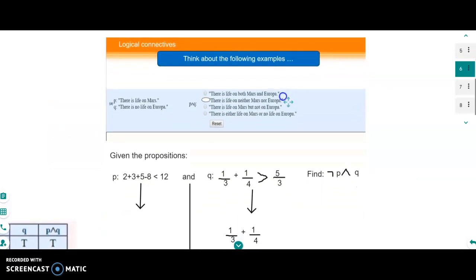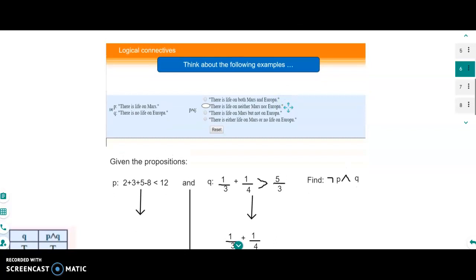Here we have a word problem, and it says, the proposition P says, there is life on Mars, and the proposition Q is, there is no life on Europa, all right? So let's see if that's true or false. How can we write this with words, P and Q?